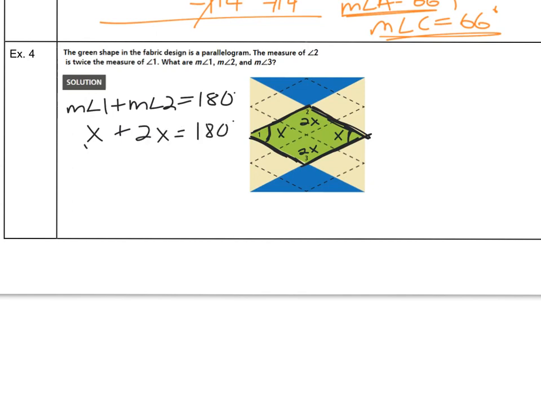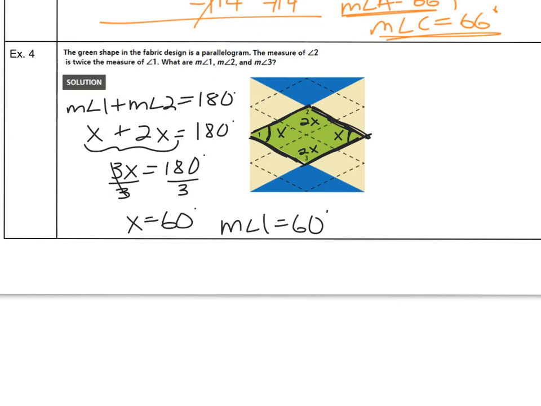And combining like terms, we get 3x as total there. To get x by itself, let's move the 3 to the other side by dividing. 180 divided by 3 is 60. And that represents the measure of angle 1. The measure of angle 1 equals 60 degrees.